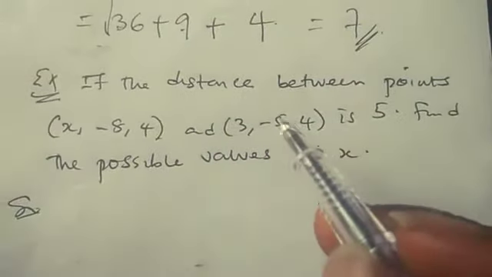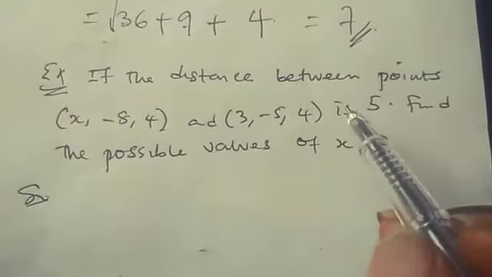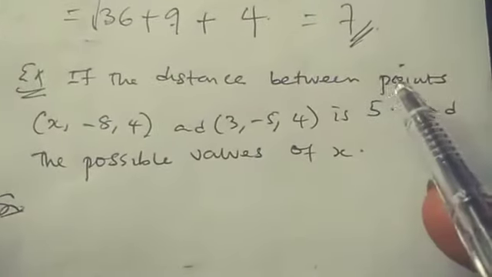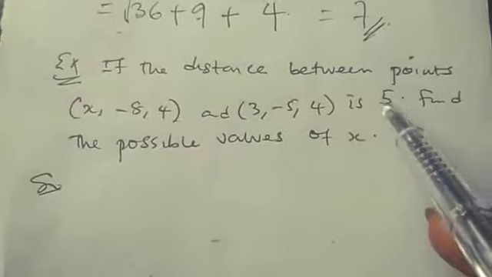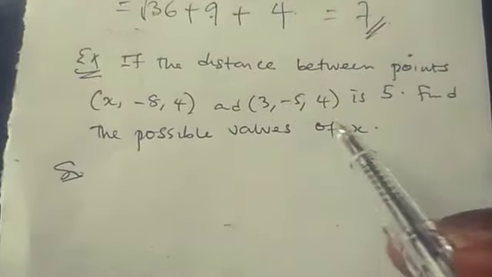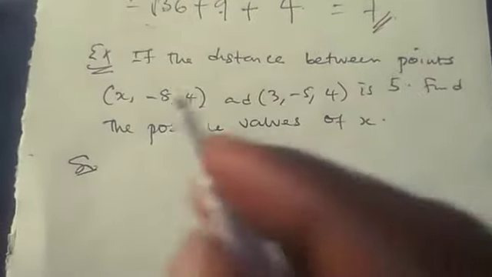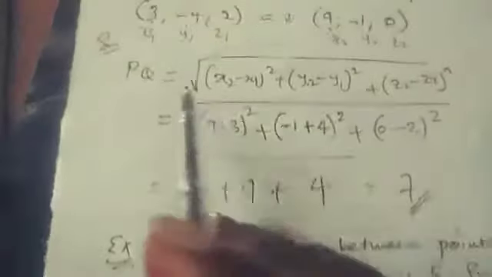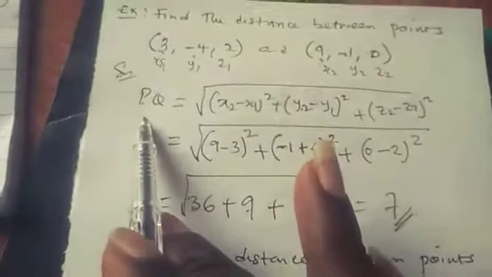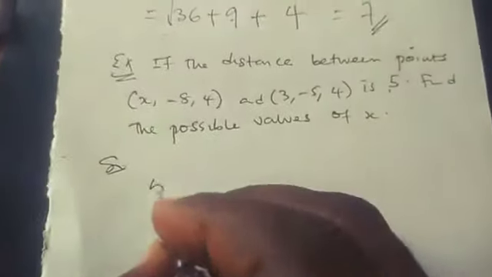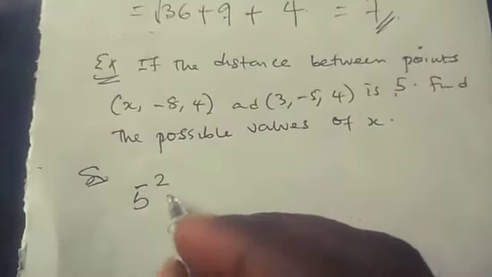We have a question here. Find distance between these 2 points. If the distance between these 2 points is 5, find the possible values of s. So we have known that the distance between these 2 points is 5. When we make use of this, that means our PQ is 5. So if you use the formula, we have 5 squared.